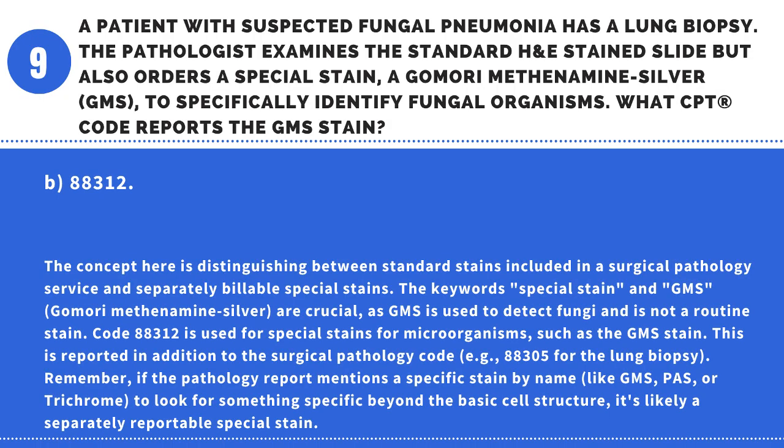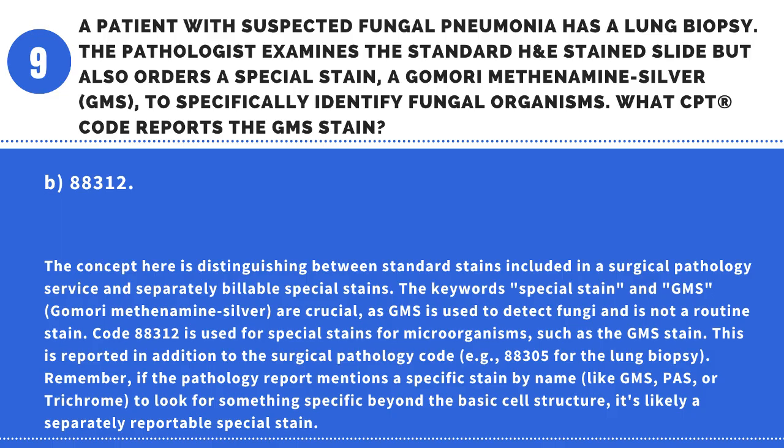Answer: B. 88312. The concept here is distinguishing between standard stains included in a surgical pathology service and separately billable special stains. The keywords special stain and GMS, Gomori methenamine silver, are crucial, as GMS is used to detect fungi and is not a routine stain. Code 88312 is used for special stains for microorganisms, such as the GMS stain.